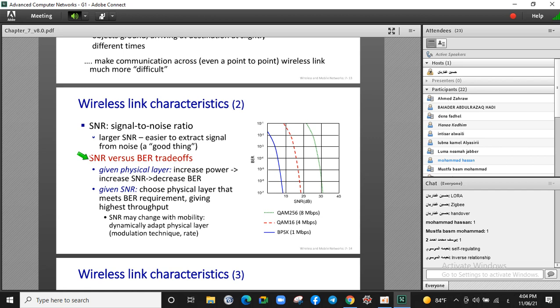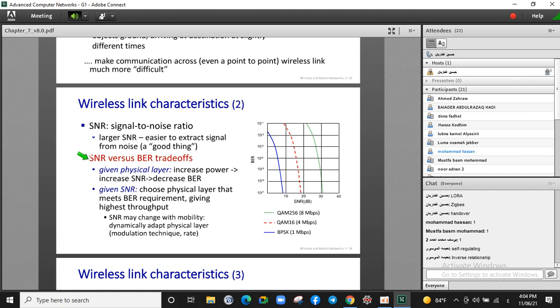I should adapt it according to my conditions. I should use a lower value of SNR while still receiving a good bit error rate in my communication.